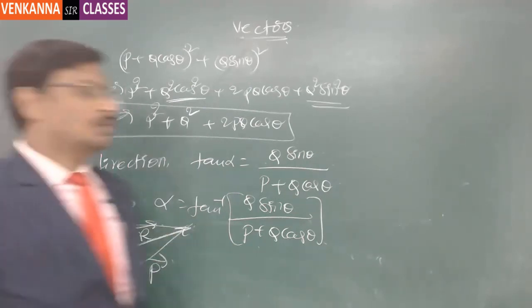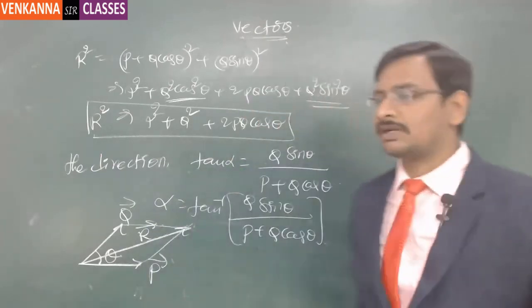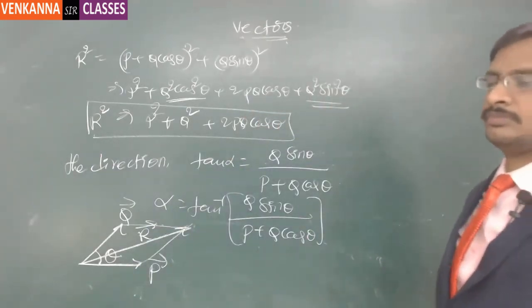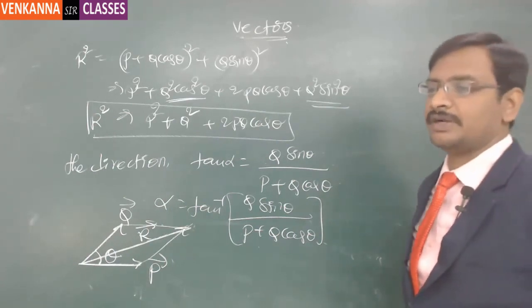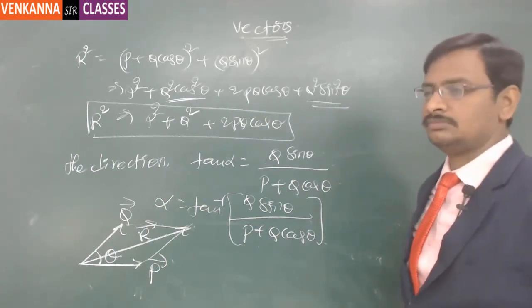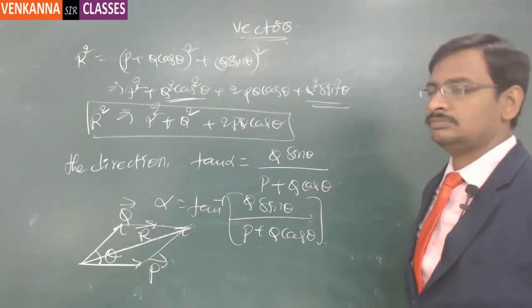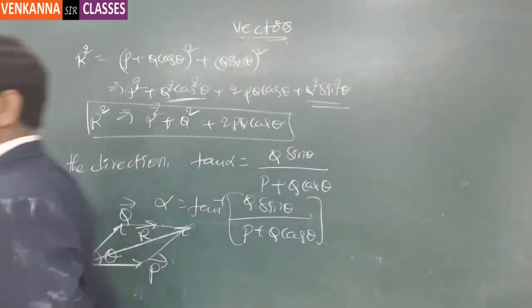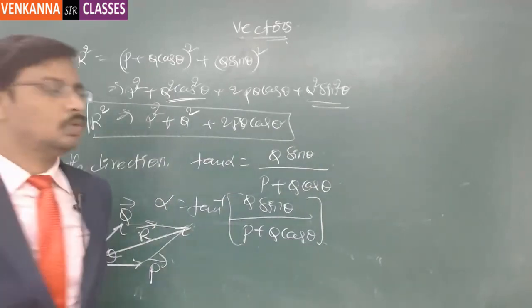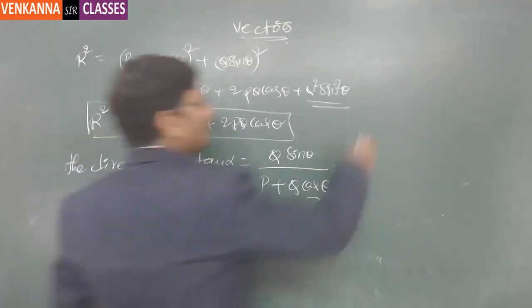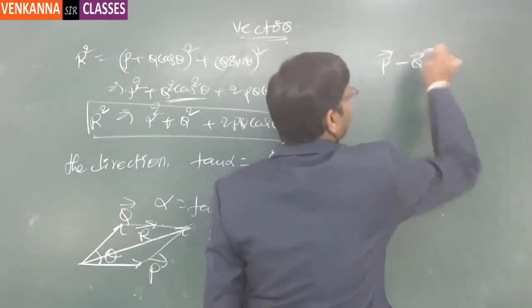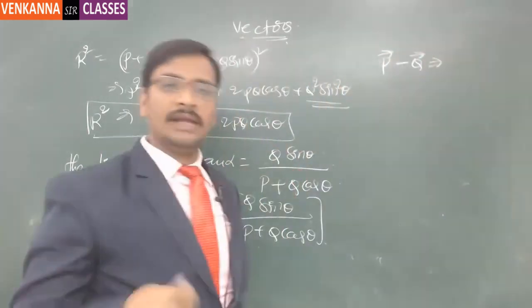You will be able to find this R vector. And then how do we calculate the subtraction of vectors? Change the direction of Q. Suppose you want to calculate P minus Q, then you change the direction and again add the vectors.